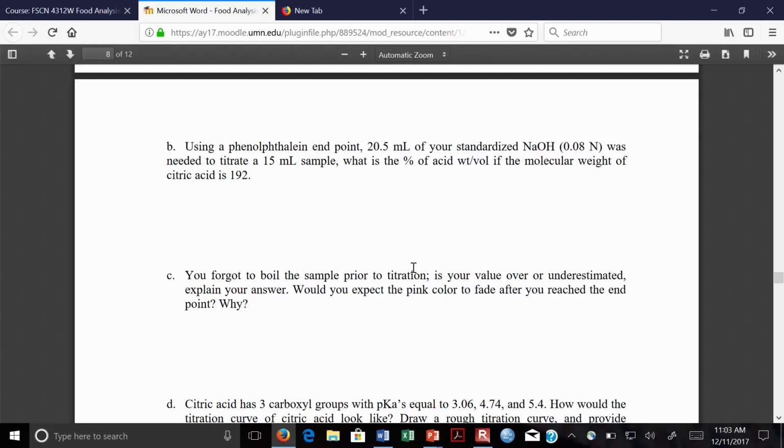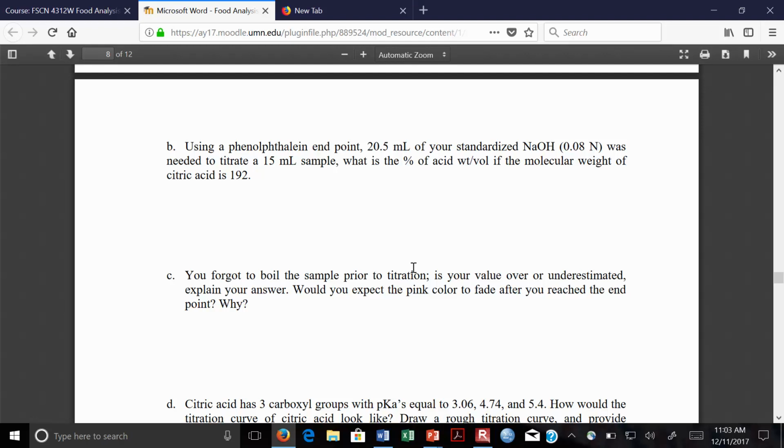Your y-axis is pH. When you have 3 pKa's, assuming that the pH of your juice was under 3.06, you will see the buffering zone of the first pKa. If we want to assume that we started at 2, for example, then you're going to see 3 buffering zones.